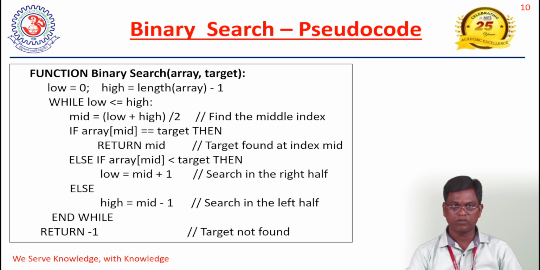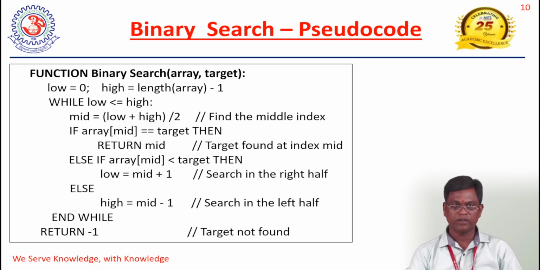Then we need to modify the low pointer to mid plus 1. Otherwise, it means the target element is available in the lower half of the elements, so we modify the index high to mid minus 1. This process is repeated while low is less than or equal to high.